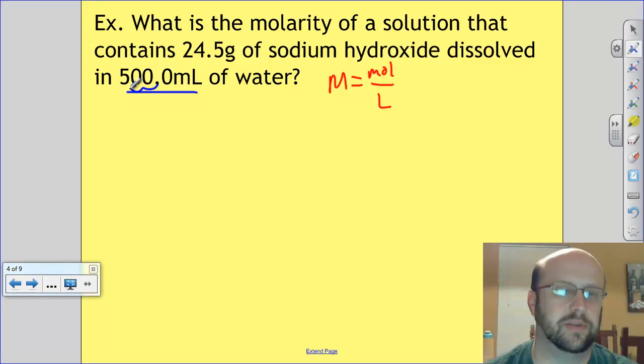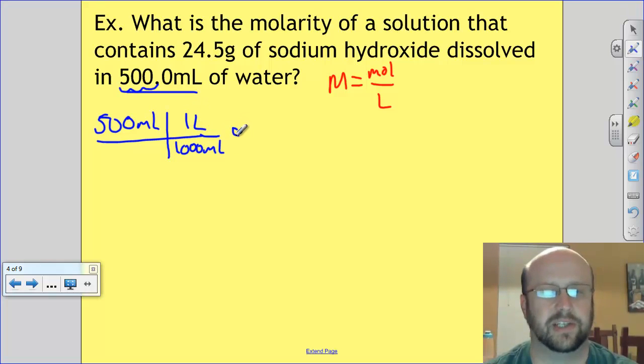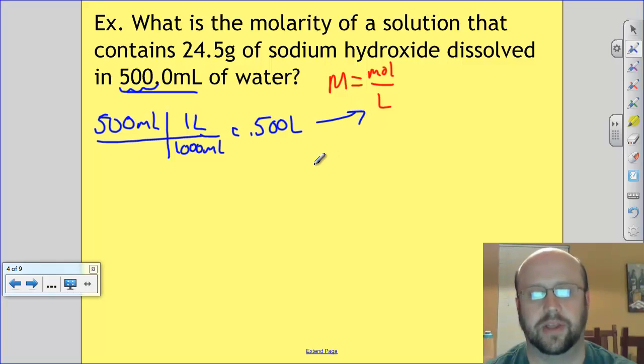I can move the decimal 3 places, or you could plug into a good conversion factor like we've been doing most of the year. So there are 1,000 milliliters in a liter, right? Did some of those in gases as well. So that would come out to be 0.5 liters.